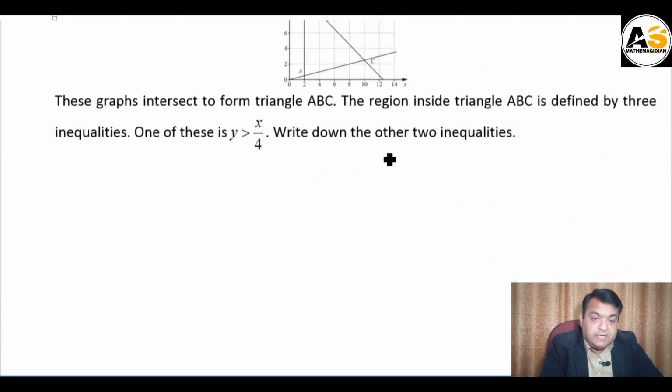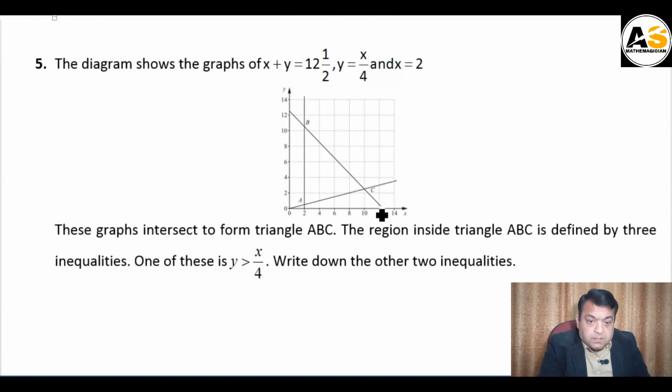Let us focus on it. Student, what is the equation of this line? X is equal to 2. And this is basically the triangular region. So for this triangular region, x is greater than 2.